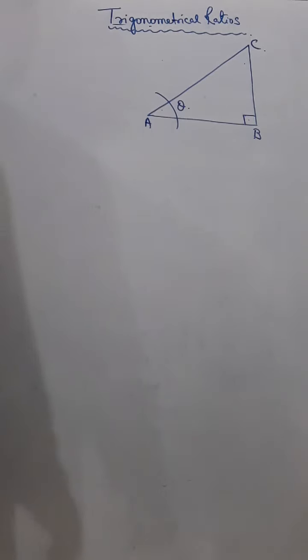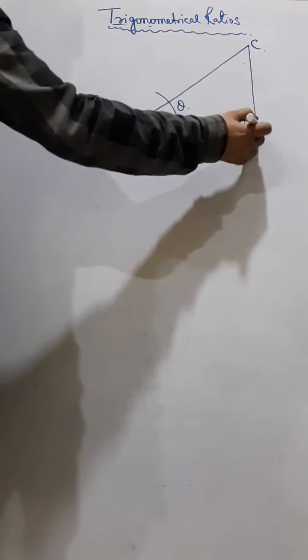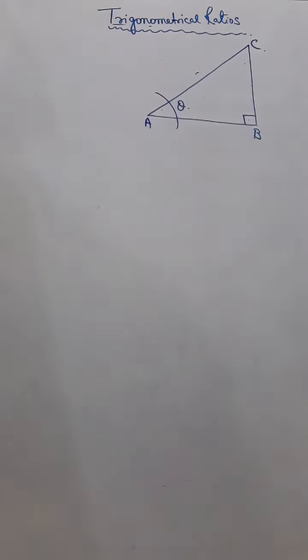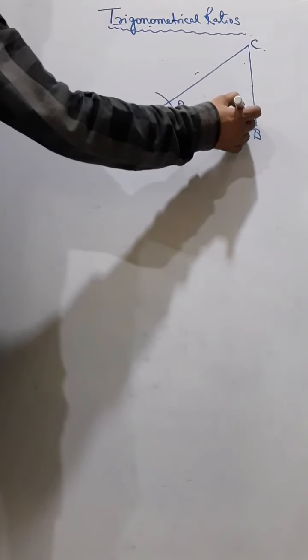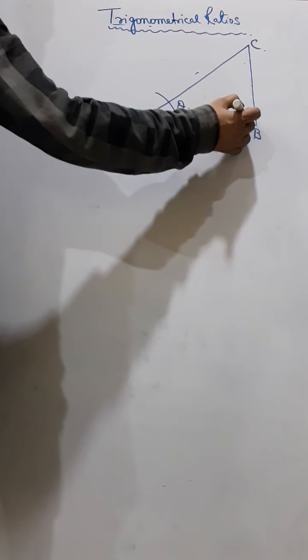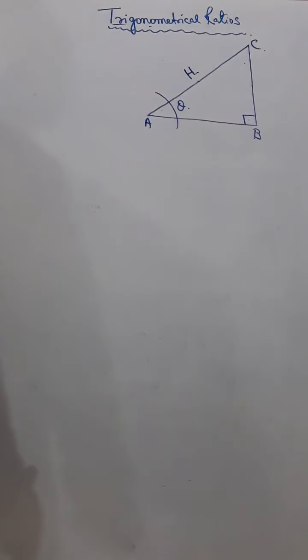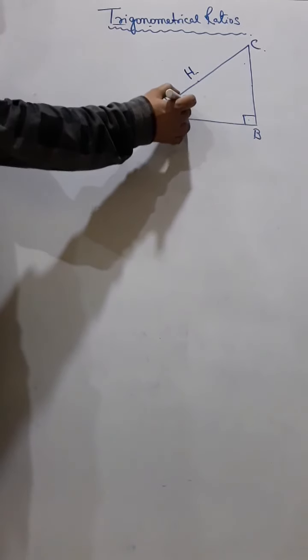Then first of all, in this triangle we have to understand that these three sides have certain names. And what are those names? Now with respect to this 90 degree, the side which is opposite to 90 degree is called hypotenuse. And with respect to this angle, now this is our reference angle.